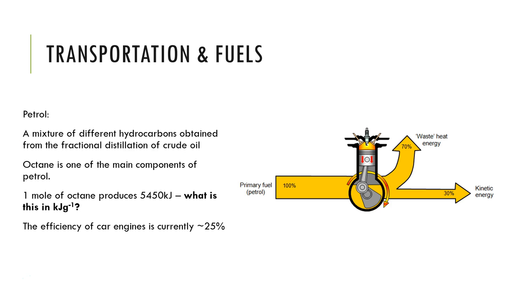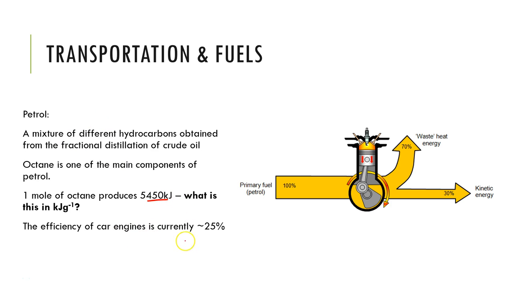Transportation fuels: we've talked about this in terms of petroleum. This is a mixture of different hydrocarbons obtained from fractional distillation, the main one being octane that we use for transportation fuels. So 1 mole of octane produces 5,450 kilojoules, and this would be kilojoules per mole.